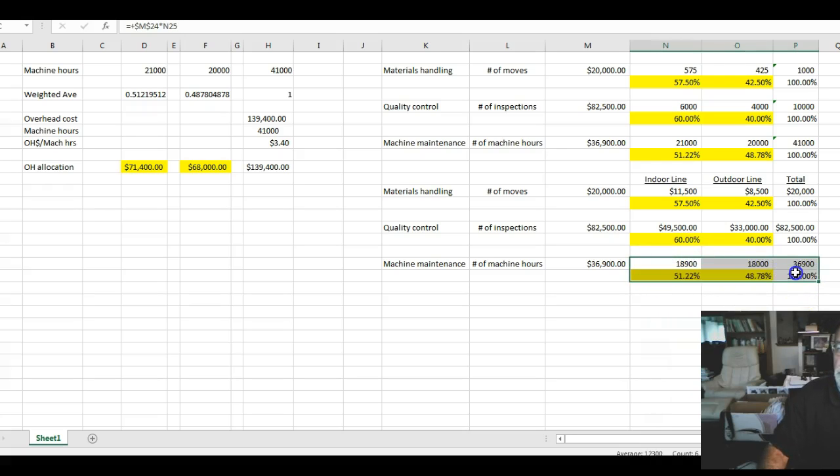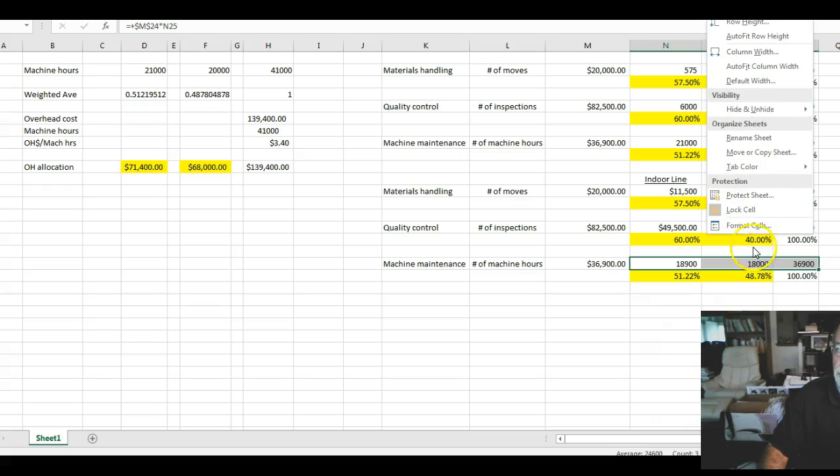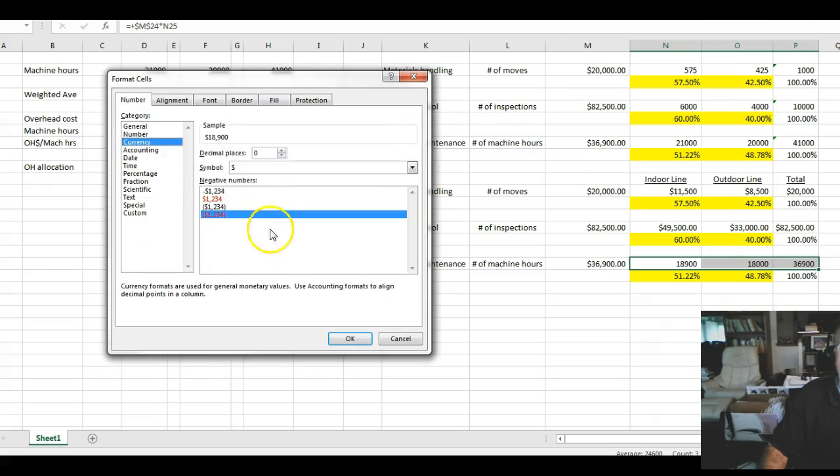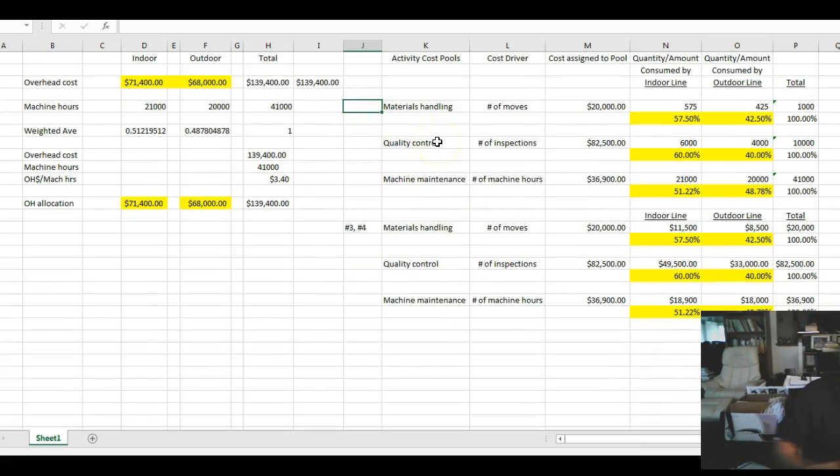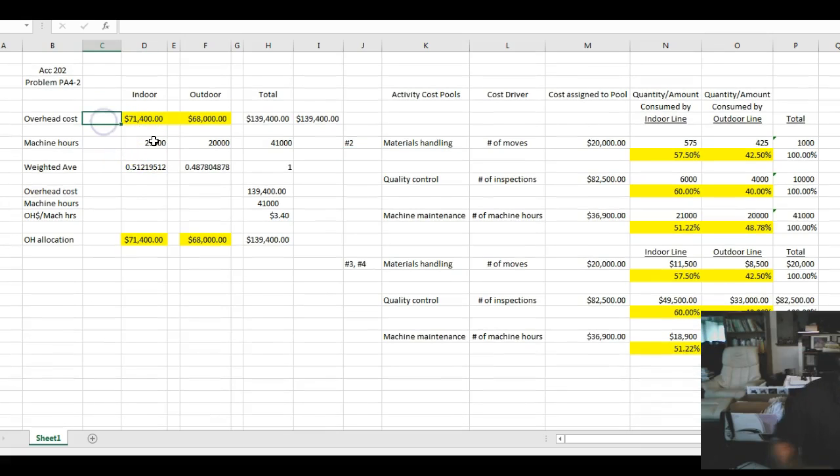And we're okay, and we want to format that as dollars and cents. Okay, now what I should do, since this is number 3 and 4, number 3, number 4, this was number 2, and this was number 1, which we did 2 different ways.